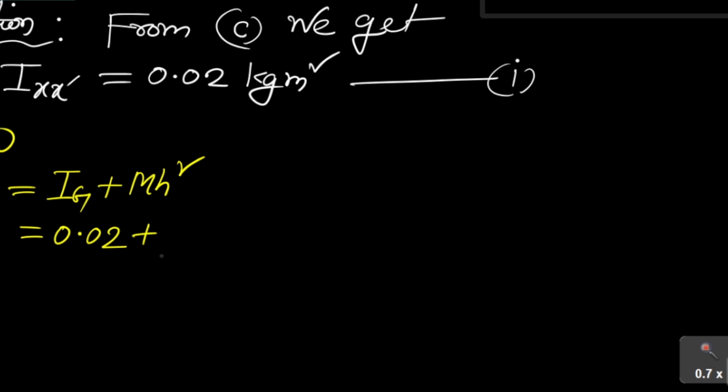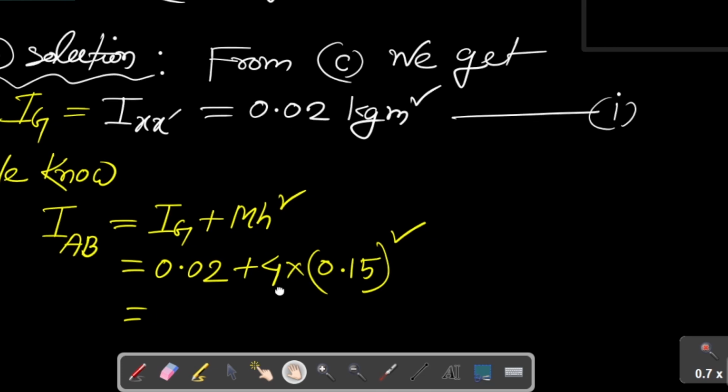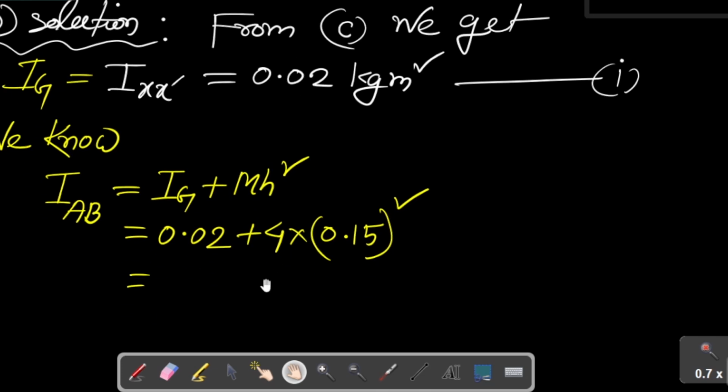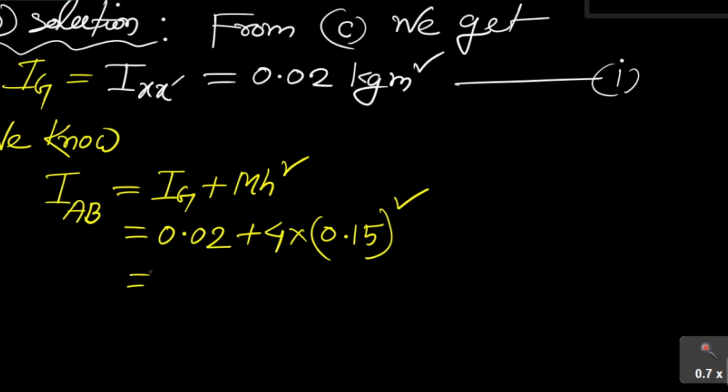So we can write 4 kg and distance 15 centimeter converted into meter, 0.15 whole square. So finally we get our desired value: 4 into 0.15 whole square plus 0.02. So our value is 0.11 kg meter square. So this is the value of AB.